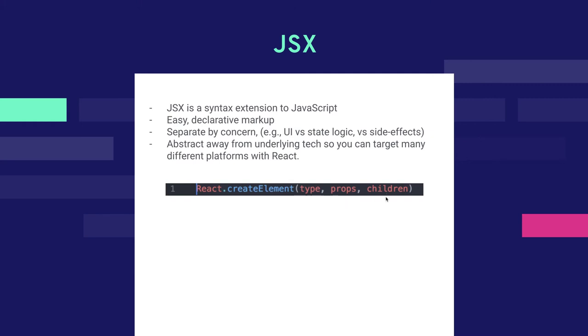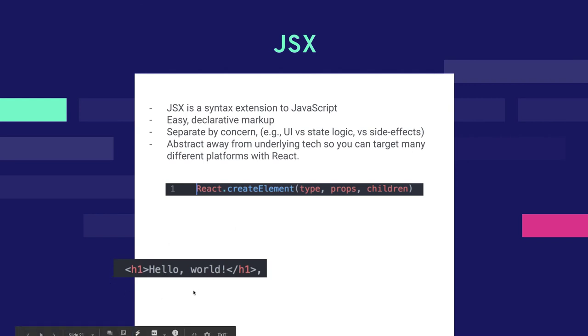And children is what you are going to render inside, plain text, or you may want to render another element inside that. As an example, you have an h1 Hello World: the type is h1, your children is Hello World, and you don't have props as of now.